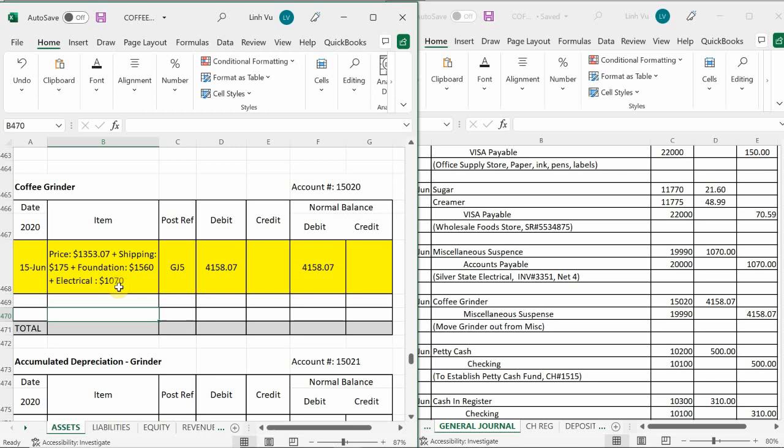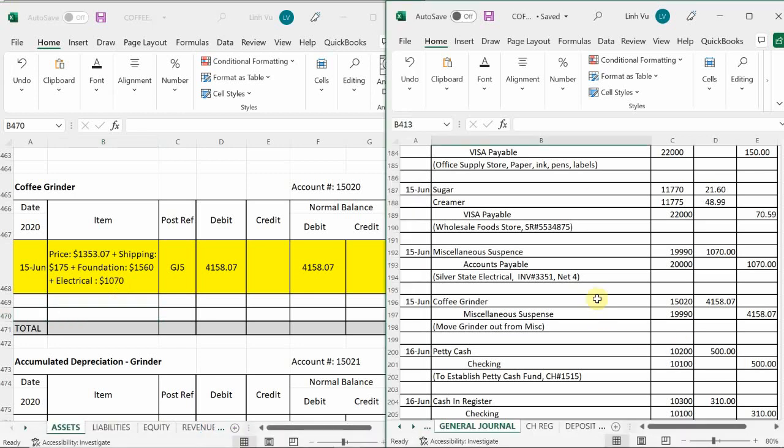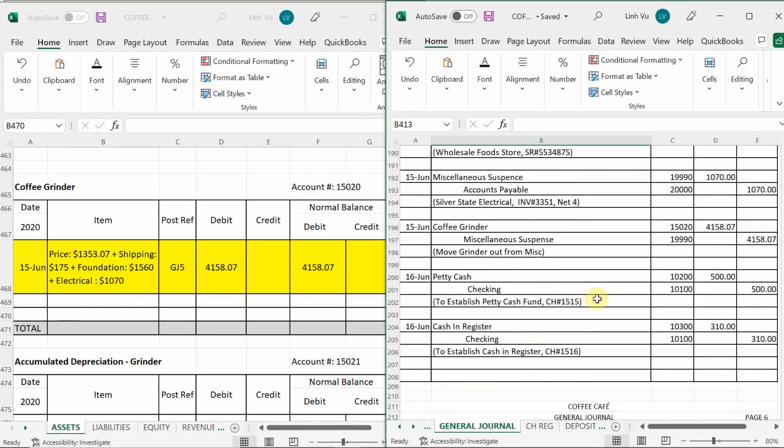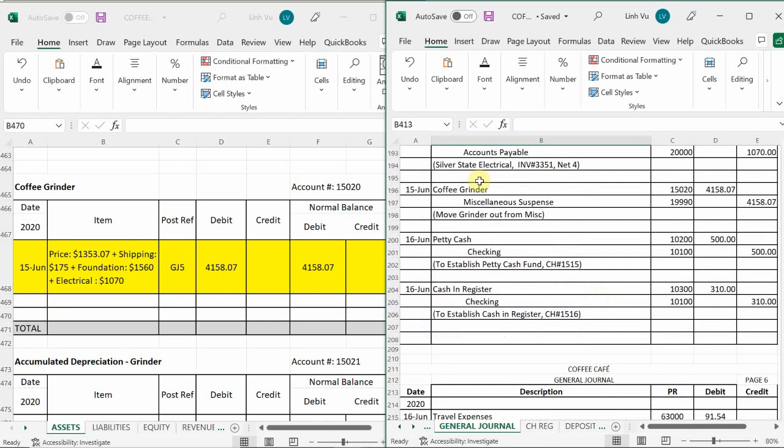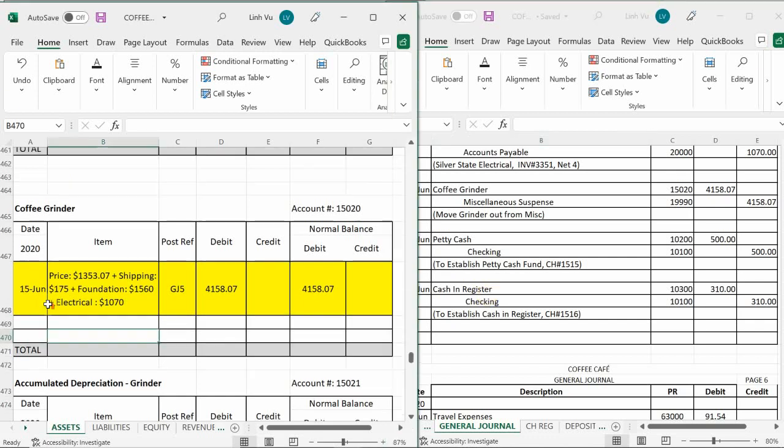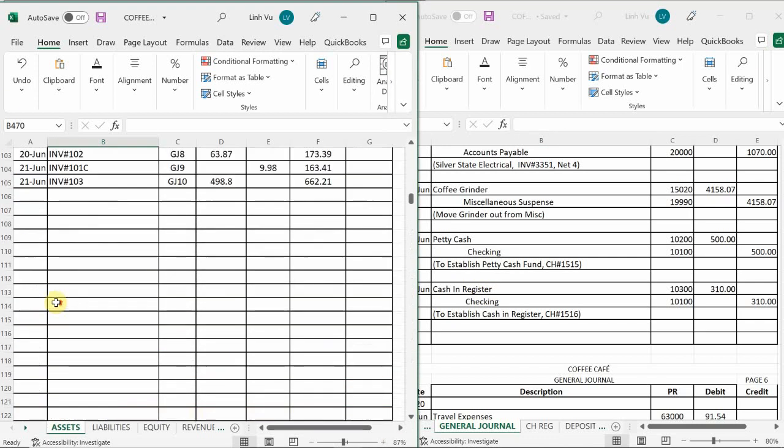All right, let's see what's next. Then next was the 16th. We debited our petty cash as well as our cash in the register for the 500 and the 310. Is that true?